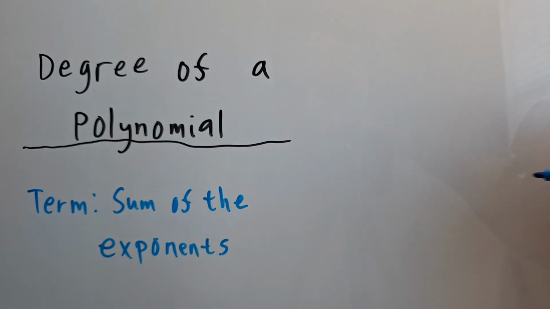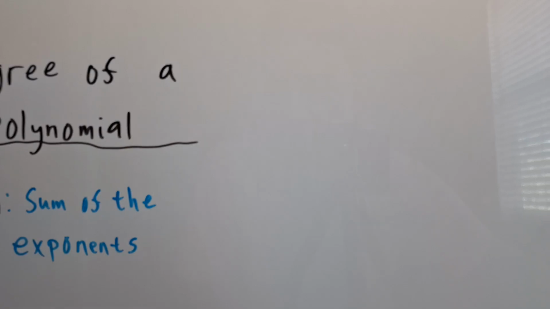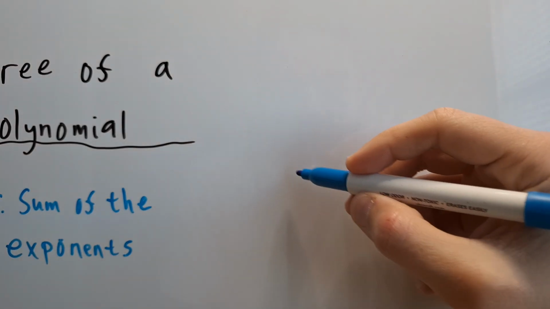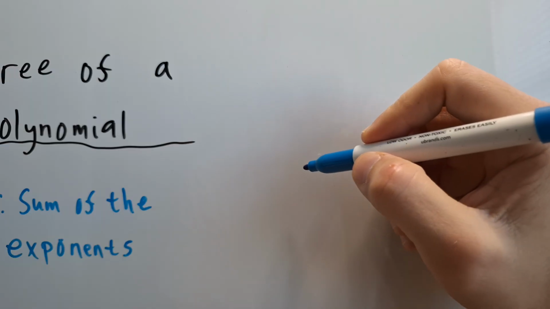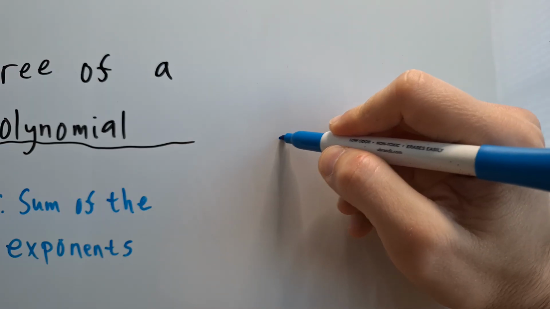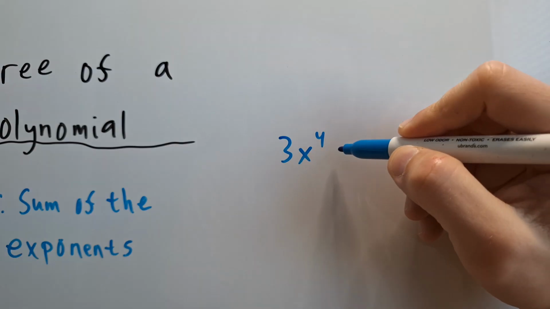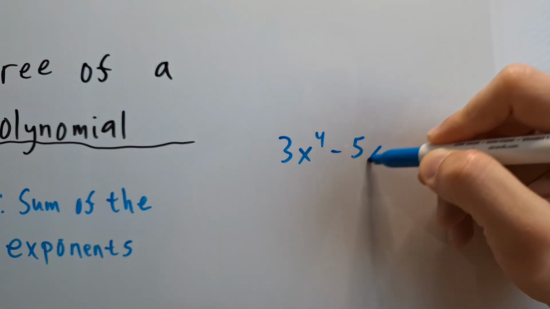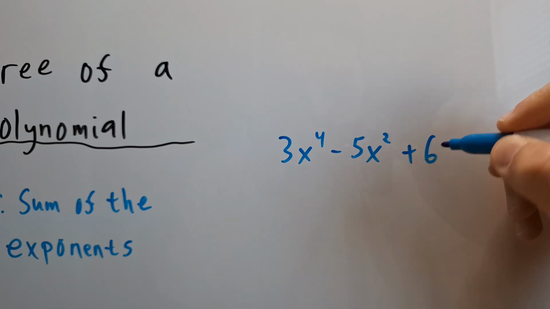When you have multiple terms, what you're going to do is look for the highest exponential value once your polynomial is in descending order or in descending powers. Let's look at another example. 3x to the power of 4 minus 5x squared plus 6.